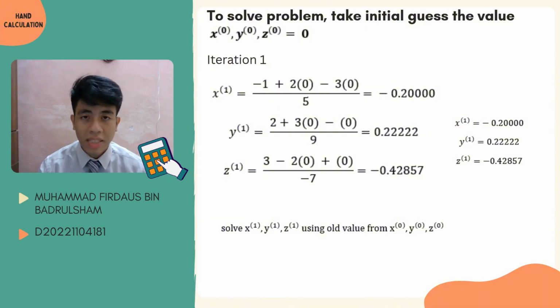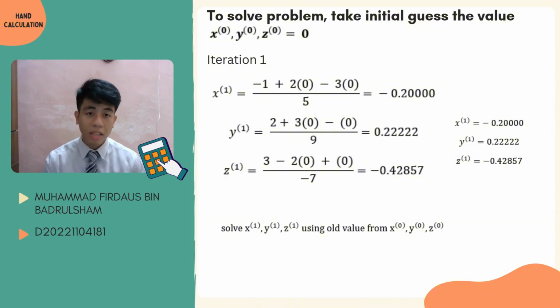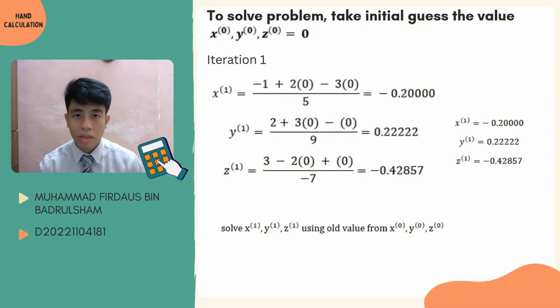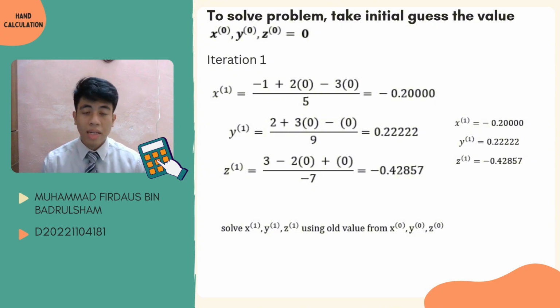So for the first iteration, how do we calculate? In this part, k equals 0. So k plus 1, which is 0 plus 1, gives x1. We need to substitute the values of x0, y0 and z0 into the equation.